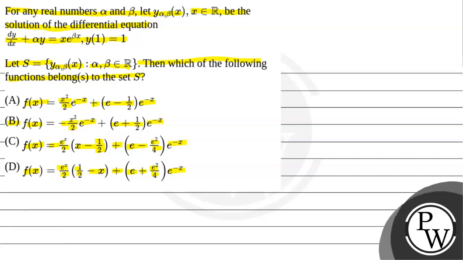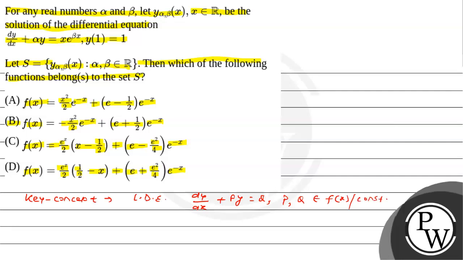Let's see the solution. Before this, we will talk about the key concept. The given differential equation is a linear differential equation, which is in the form dy/dx + Py = Q, where P and Q are functions of x or constants.